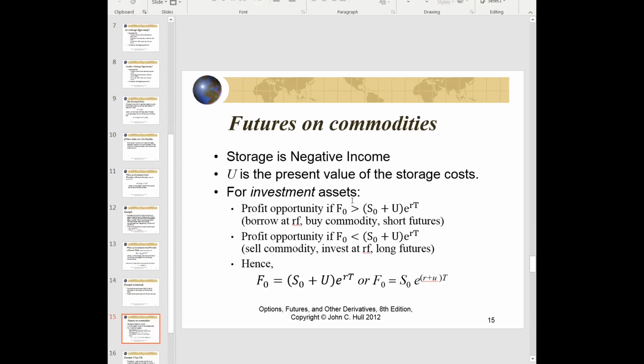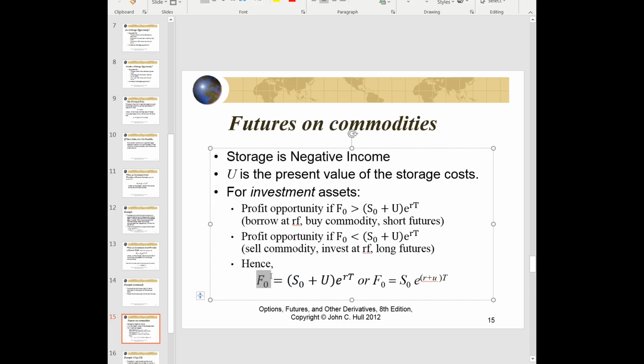Now, for commodities, this becomes relevant because in commodities there is a storage cost, but we can see storage cost simply as negative income. So we can use the previous formula that we had before, just replacing the minus I we had before with this plus U, where U is the present value of storage costs.